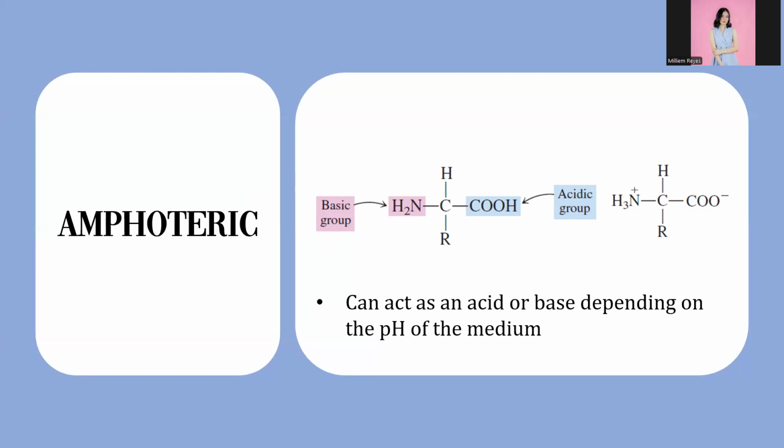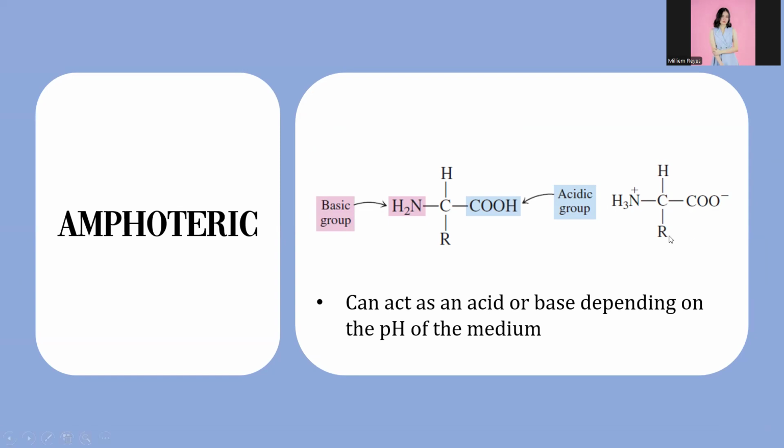While in alkaline solution, they will act like an acid. So in neutral solution, this carboxyl group will lose a proton and become negative. So this one becomes this negative, while the basic group here, the amino group, will accept protons and become positive. Okay, so that's why it's amphoteric, because it can exist and act as a base or an acid depending on the pH of the medium.